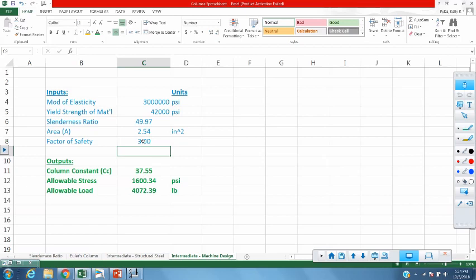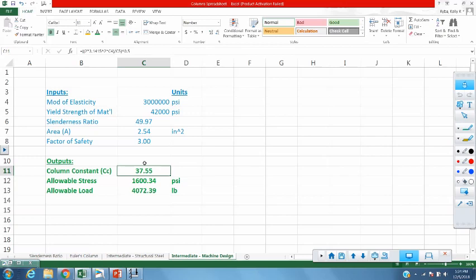And here it calculated for me my column constant, my allowable stress, and then my allowable load. Now, column constant. We need to populate this cell with the equation for the column constant. So where do we get that from? That column constant equation comes from the handout.